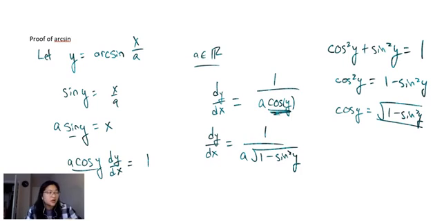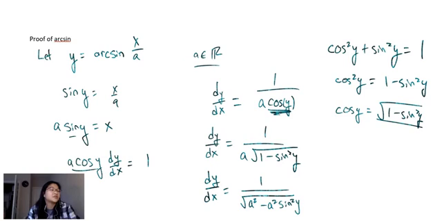And now, it's kind of tricky. We should probably push that a into our square root, the radical. So we have dy dx is 1 over the square root of a squared minus a squared sine squared y. Okay, but that's not too far off.